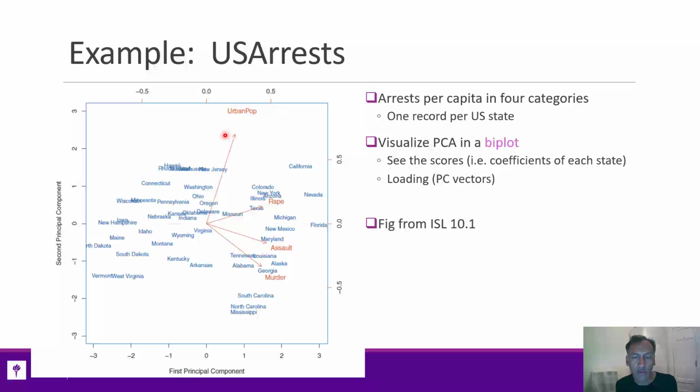Of course these would be likely to be correlated. You can imagine that in cities where there's a high level of assault, for example, you might have other types of violent crime. And so this 4-dimensional representation could then be represented in 2 dimensions.